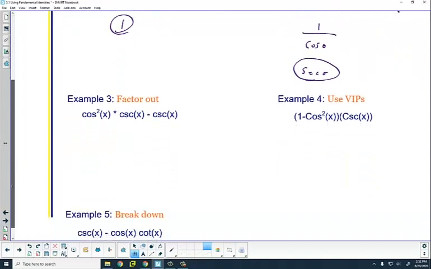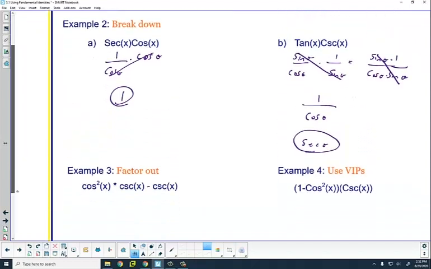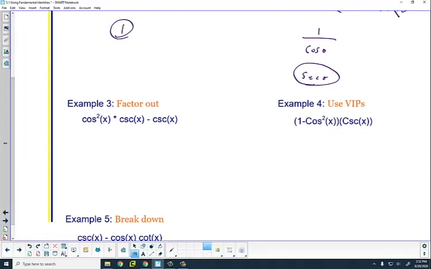So let's play around with factoring things out. That's the next thing. In this expression, can we factor something out? Is there something in common between this monomial and this monomial? And you should see that it's the cosecant. So if I factor out the cosecant, I got to factor it out from both.